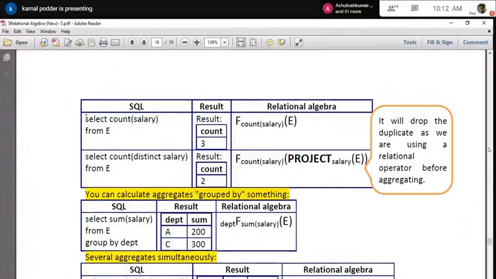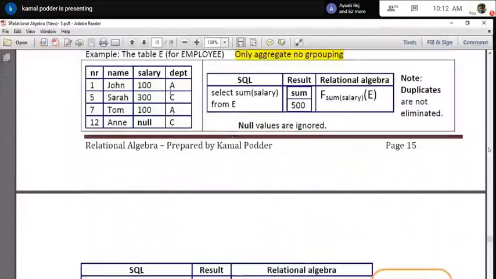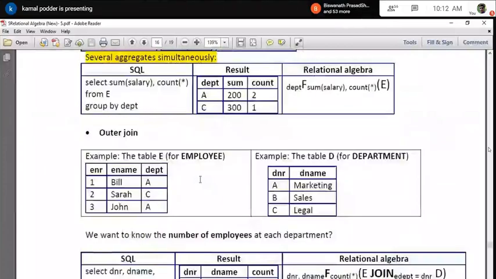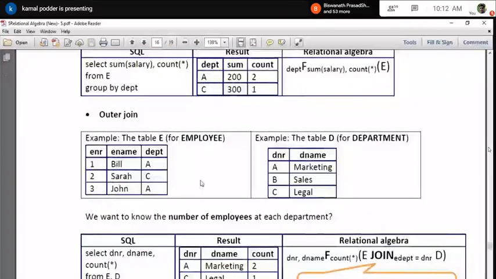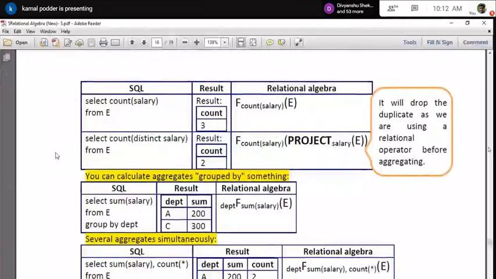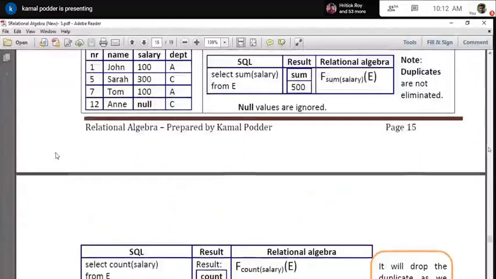I have given select count of salary from E. Here, if you want to write that, you can write count of salary E. The count should be 3, because if you see the salary field, the total number of records is 3, so it is counting 3.